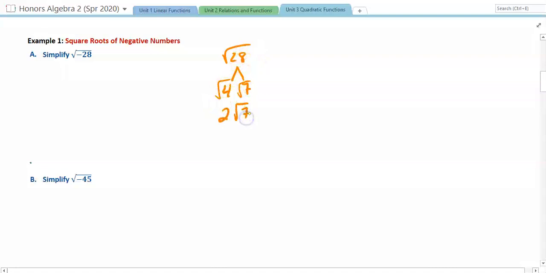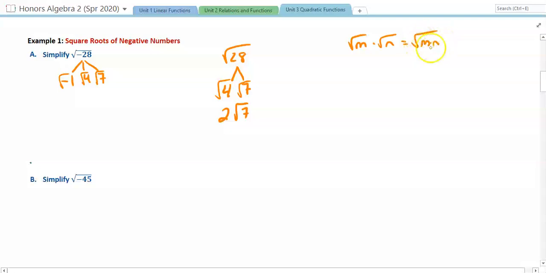2. And so we're going to do the same idea, except with the negative inside. This is not going to split up into 2 pieces, but into 3. My first piece is going to be that -1, and then I will get the 4 and the 7. All these are still under square roots, because there is a property, which we talked about back in Algebra 1, that the product of the square root of m and the square root of n is equal to the square root of m times n.